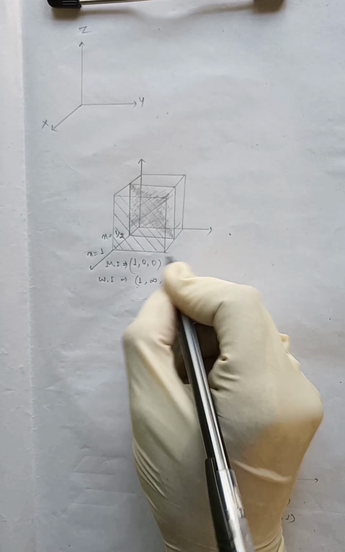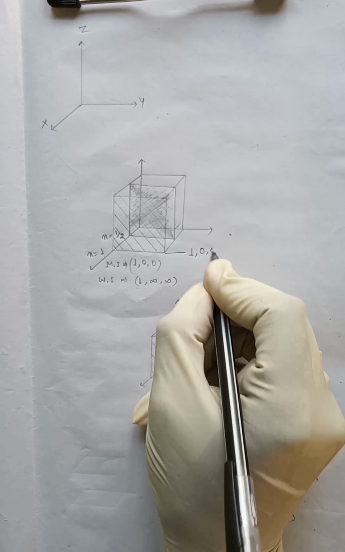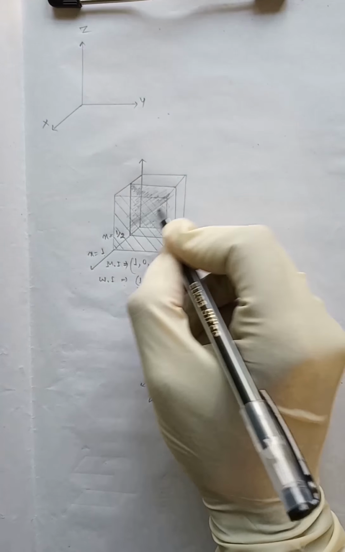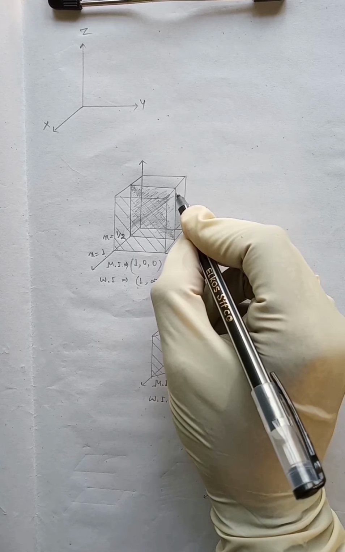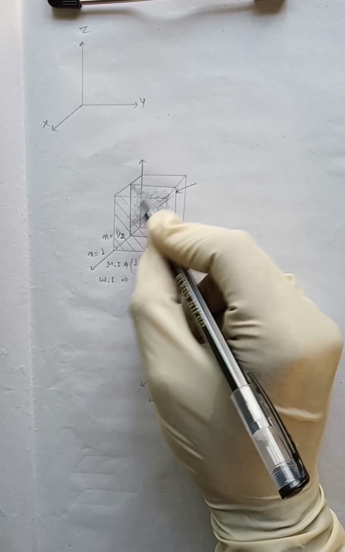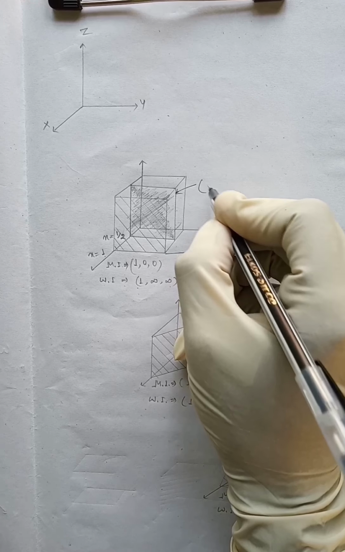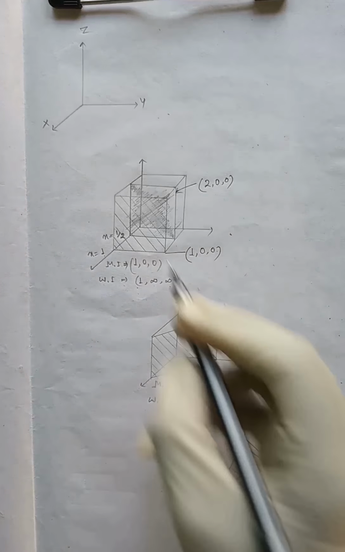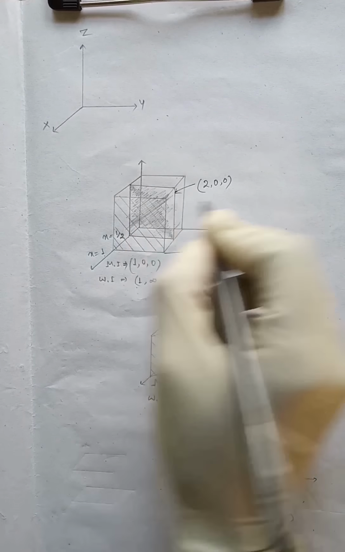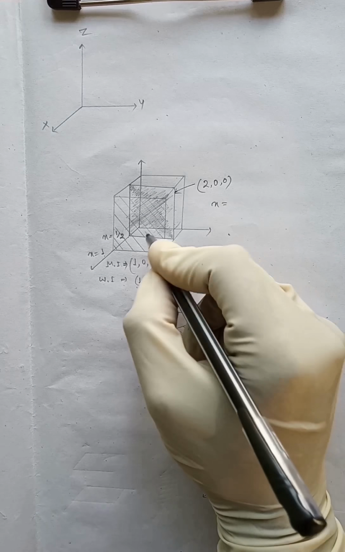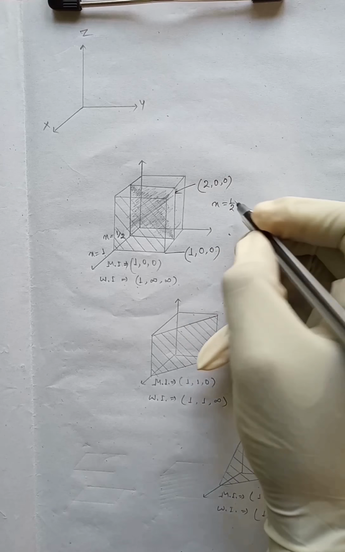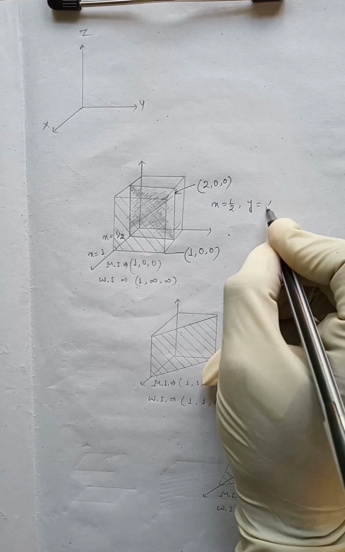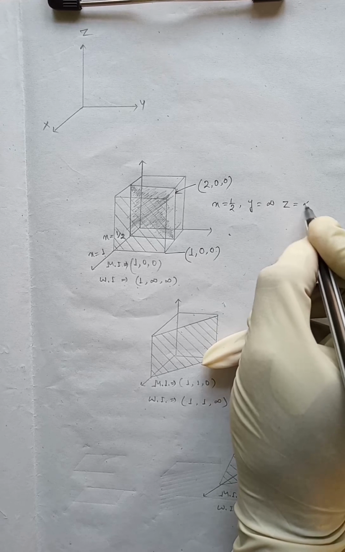If this plane is 100, the Miller indices, then the Miller indices of this plane, which I have just shaded, will be 200. Because in this plane x is equal to half, y is equal to infinity, z is equal to infinity.